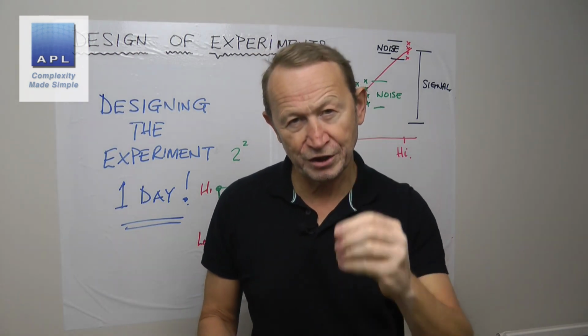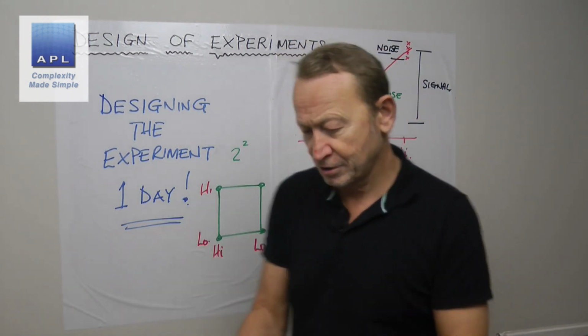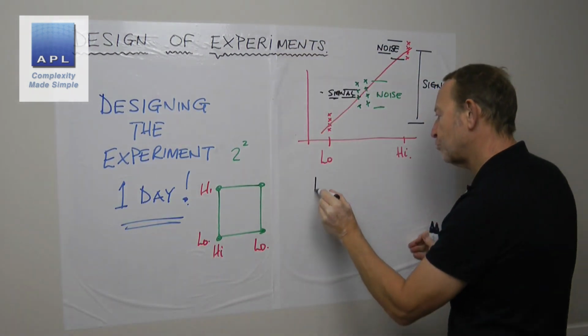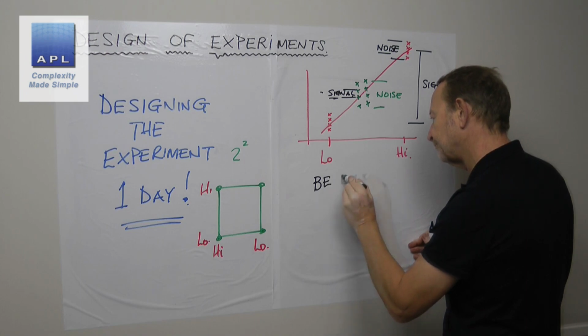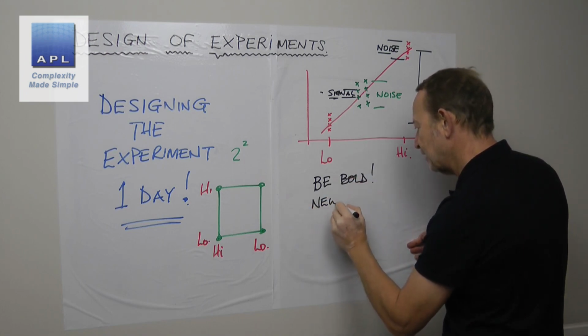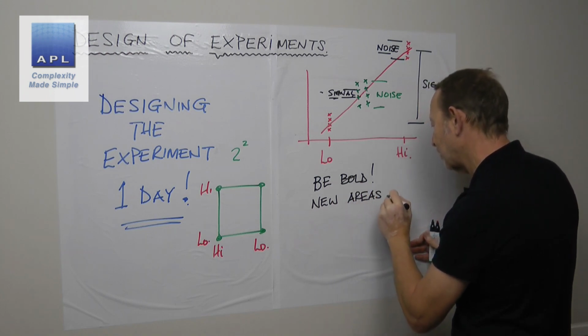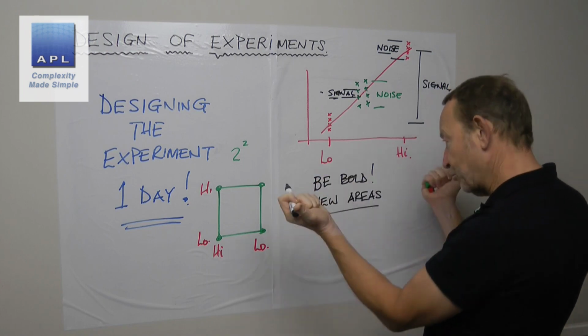So what do I want you to do? I want you to get this box out and I want you to be bold. Be bold. Test in new areas. Learn something new. Okay, so we want to be out nice and wide.